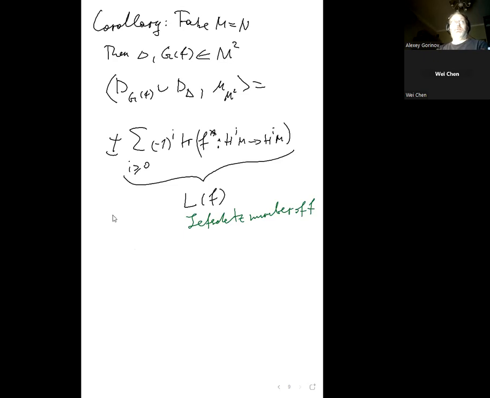And another corollary: if the Lefschetz number is non-zero, then f has a fixed point.